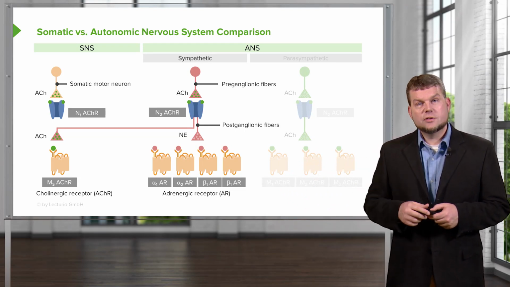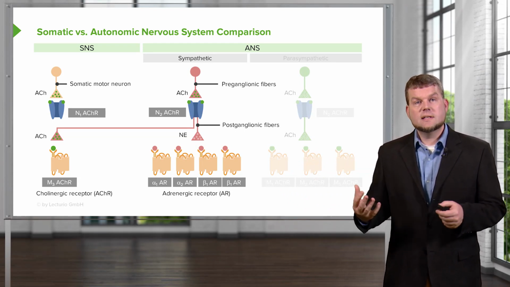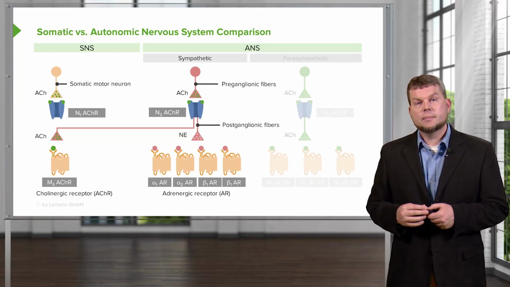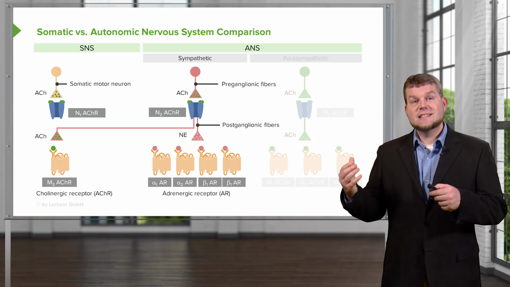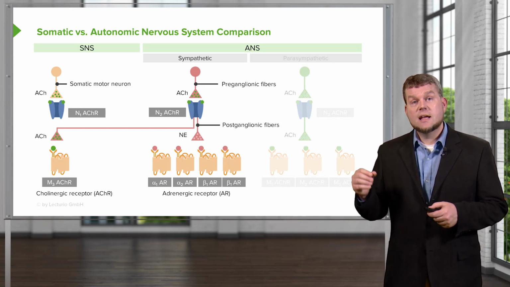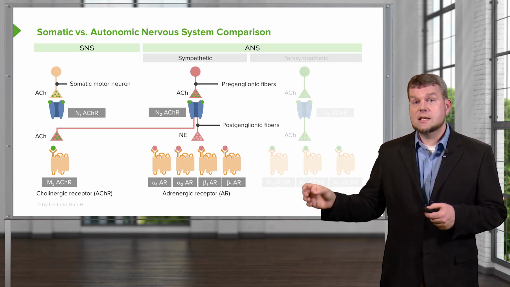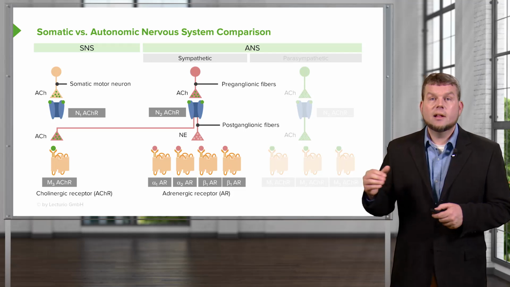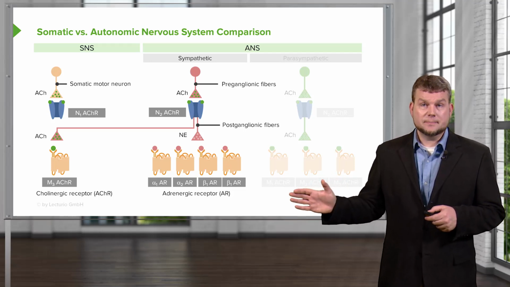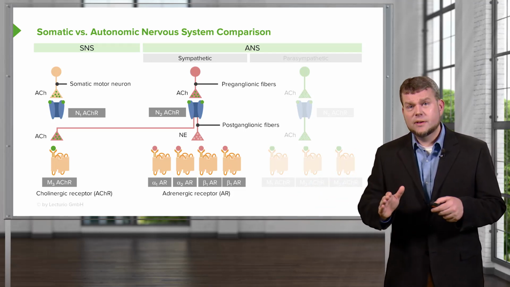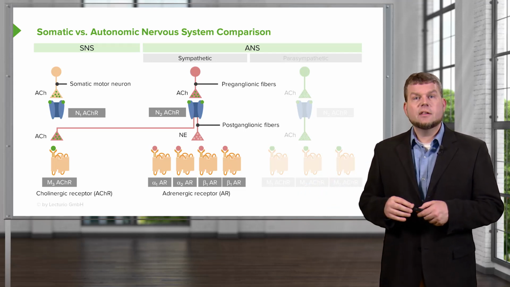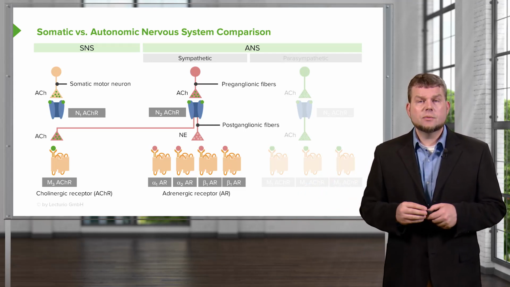Norepinephrine, or a noradrenergic nerve, can also be part of the sympathetic nervous system response. These are again postganglionic nerves that release norepinephrine into the synaptic cleft. They have a plethora of receptors to bind to. They can bind to alphas or betas, and there's a number of different types of each of these receptors.